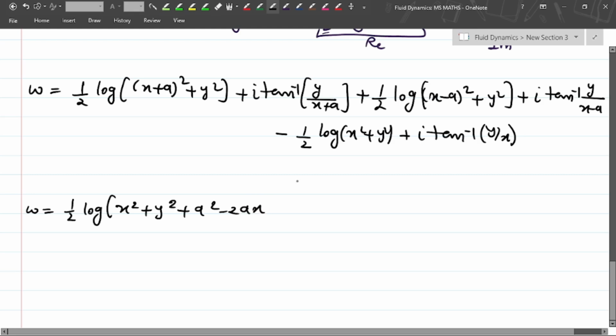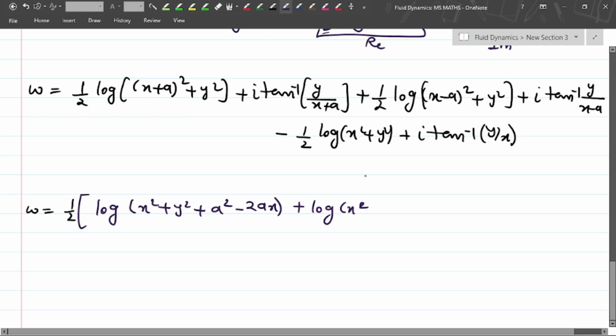We have taken the 1 by 2 common here, and this is 1 by 2 log of x square plus y square plus a square minus 2ax plus log of x square. We have opened this square also. Square term, then y square plus a square plus 2ax. Here it is plus and here it is minus.